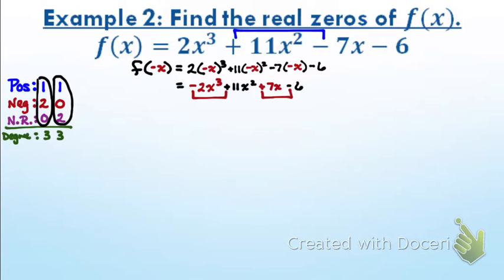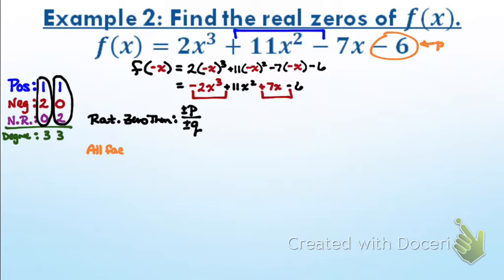So rational zero theorem is plus or minus p over plus or minus q, where p is all of the factors of the constant. Our constant here is negative 6.